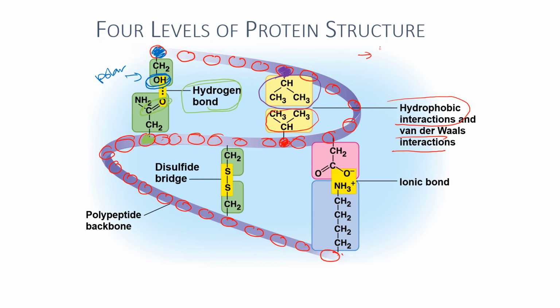Along the chain again, we can see there's another amino acid that has a sulfur. It has a sulfhydryl group, SH, and then another amino acid also has a sulfhydryl group, for example cysteine.